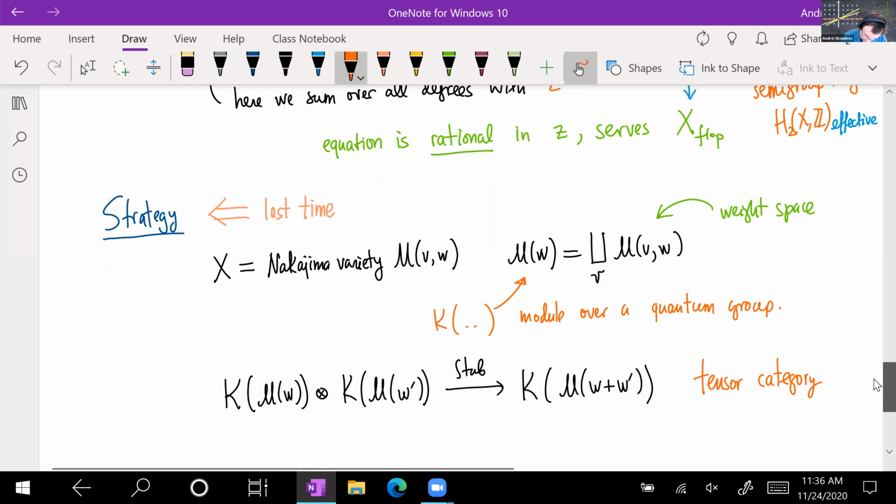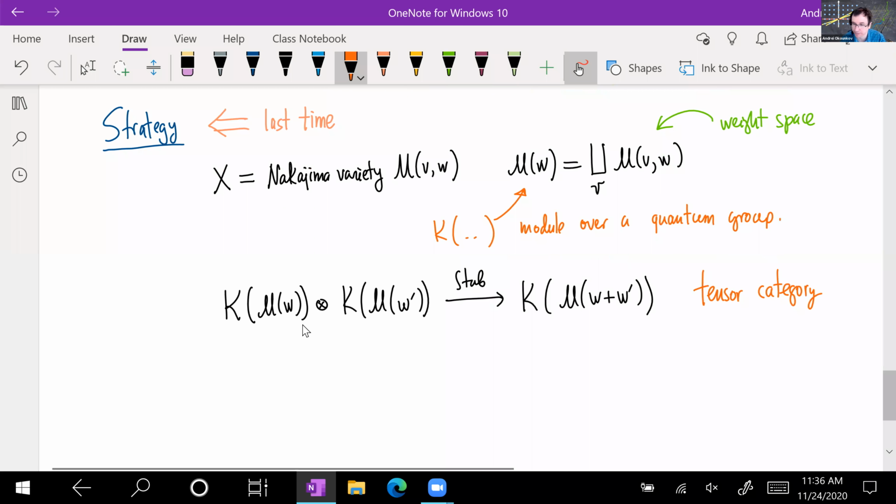And since this is the fixed point of a C-star action, here we get one more parameter.